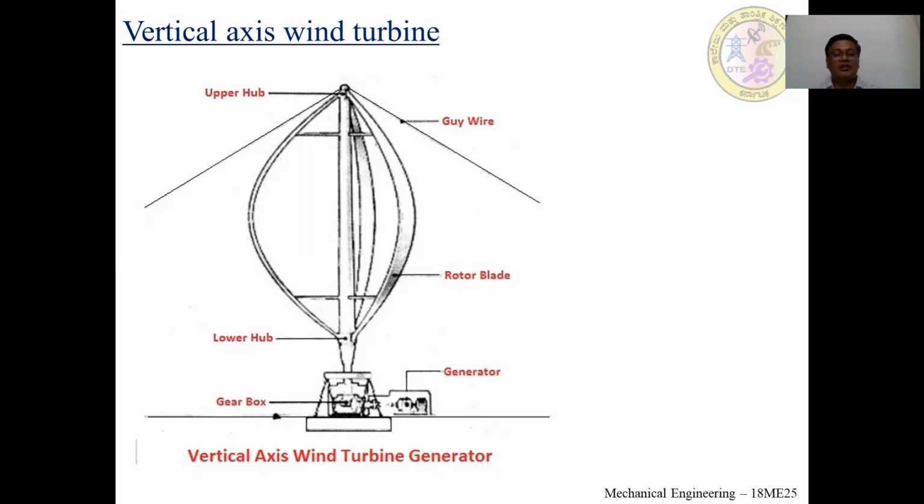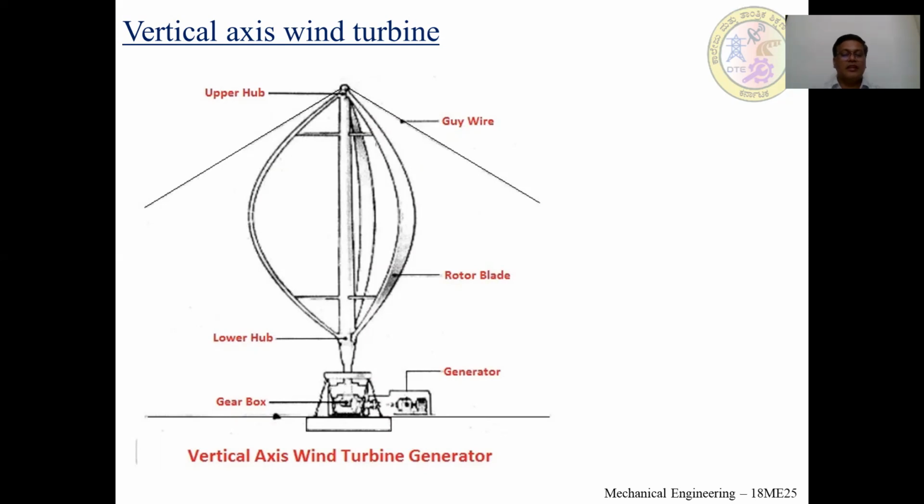This is the basic importance of the vertical axis wind turbine. These turbines include the rotor shaft and 2 or 3 blades that move vertically. It is almost similar to the horizontal axis wind turbine component-wise; as I told, only the axis placement is different.